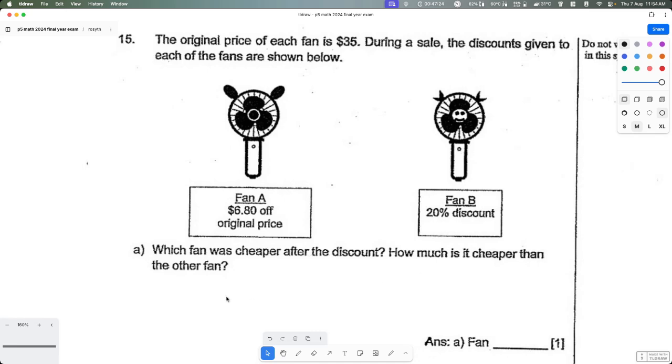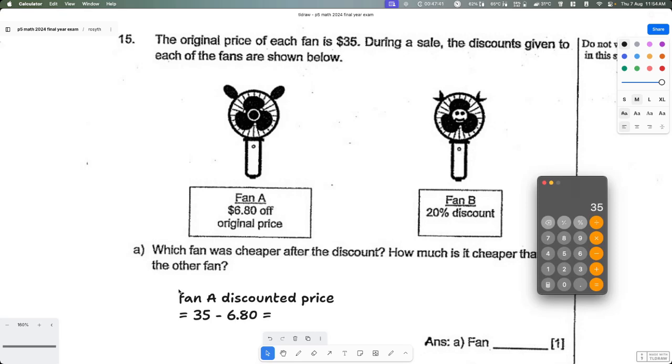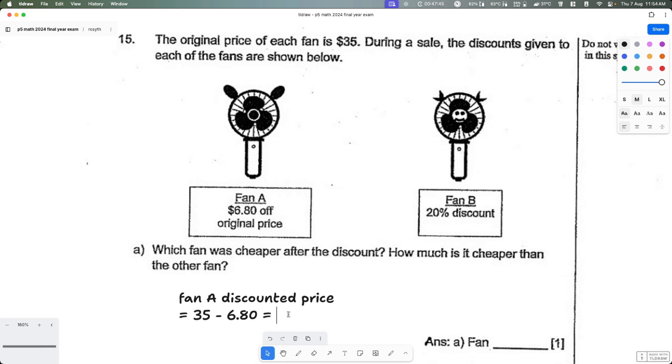Okay, let's go for fan A. So fan A, after discount or discounted price, is equal to 35 minus 6.80. Okay, so let's see, 35 minus 6.8, $28.20.